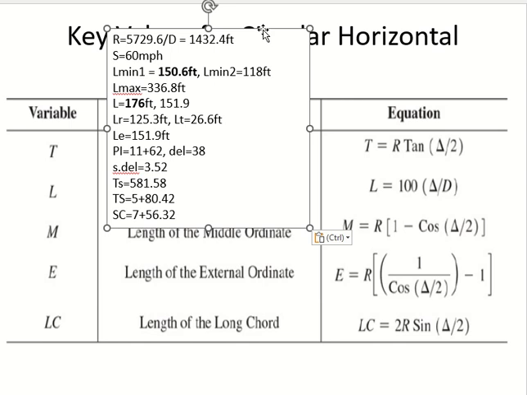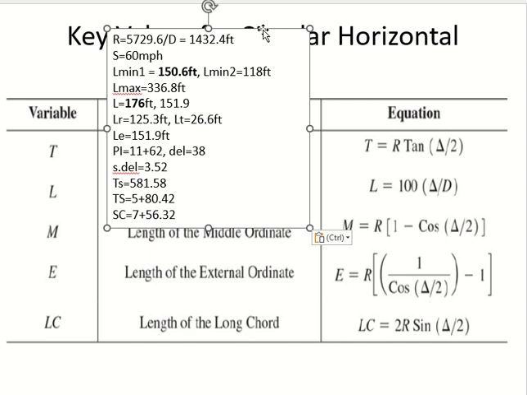This was the delta for the curve, the angle of the circular curve, without the spiral. Here we were not talking about the spiral. Now we have added the spiral, so this delta is not the full delta we have. This is a remaining angle.